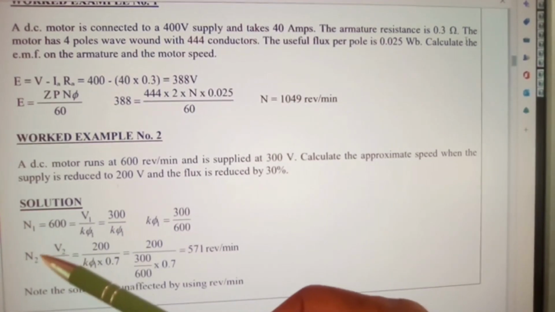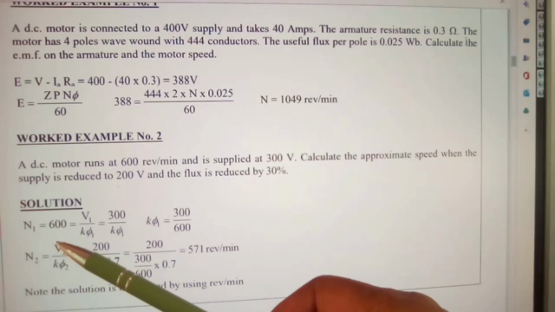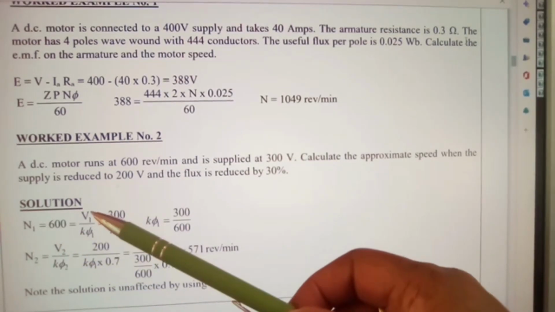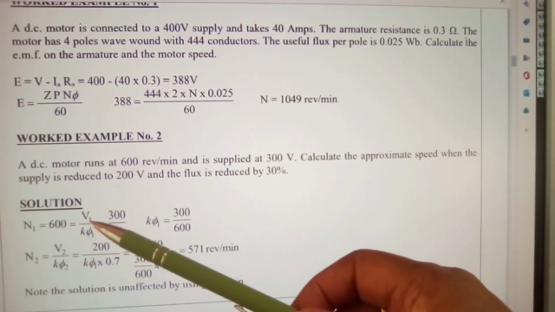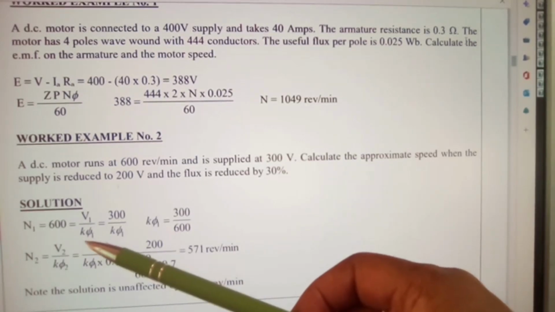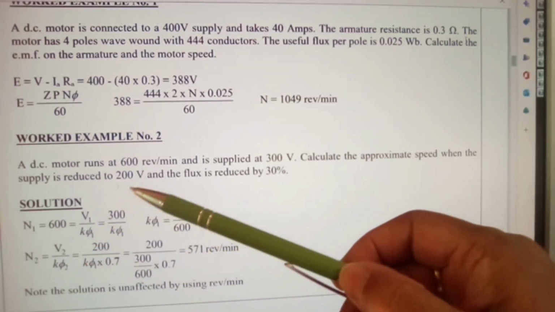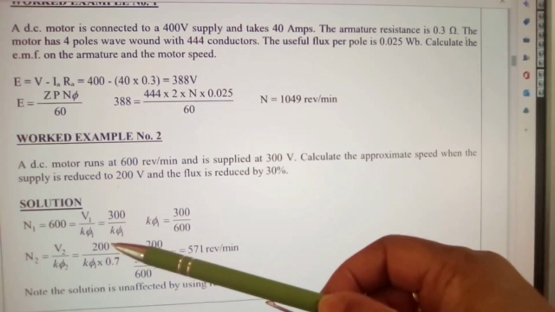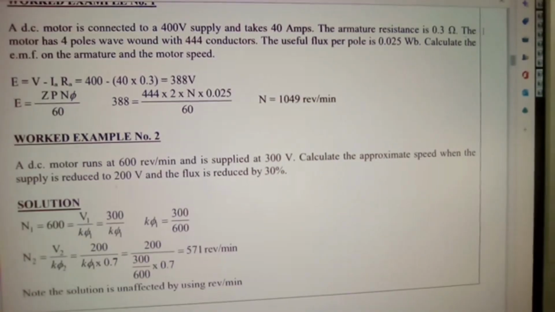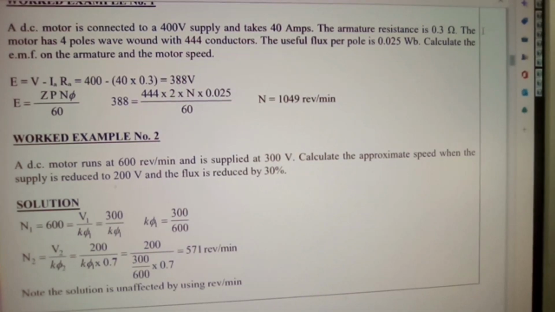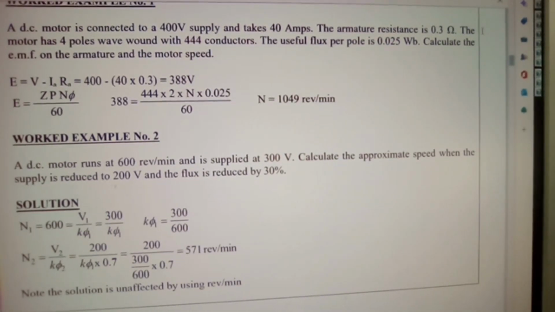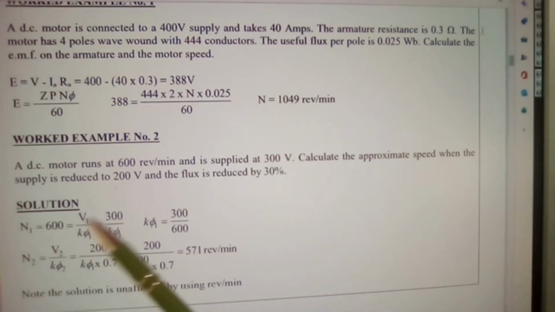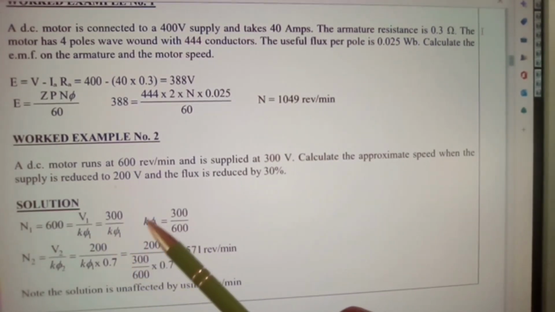Now, N1 equals 600 over V1 over K theta, equals 300 over K theta 1. So we know that here we have to transpose.